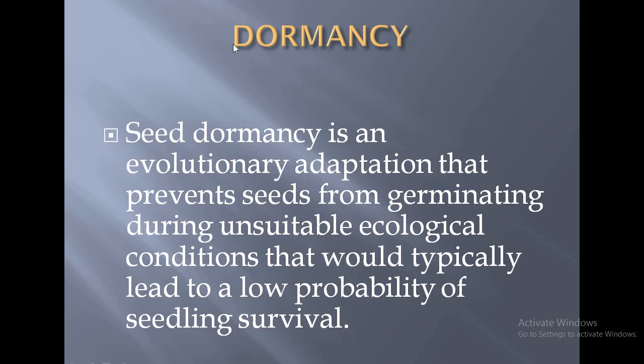So before crossing the period of dormancy, if you want to grow a seed into a seedling, it is not possible. Such seeds will decompose in the soil, but they will not germinate. So that is why a seed must cross this phase of dormancy to go for the process of germination.